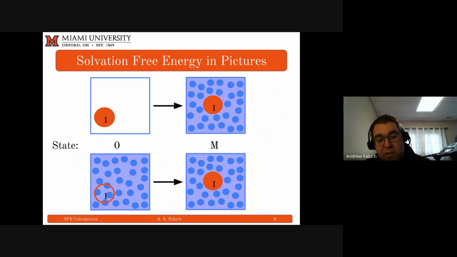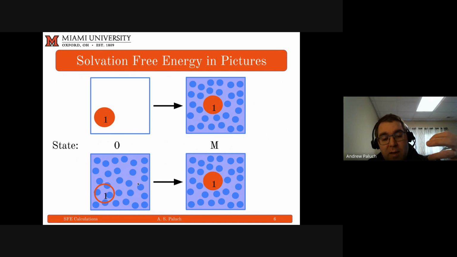What that means is, when I look at my reference state and my target state, I have some large number of solvent molecules and one solute molecule whose interactions with the solvent I'm turning on and off. So I'm going to have, say, 1,000 solvent molecules and one solute that's not interacting with the solvent. Then I'm going to have 1,000 solvent molecules and one solute molecule interacting with the solvent molecules.